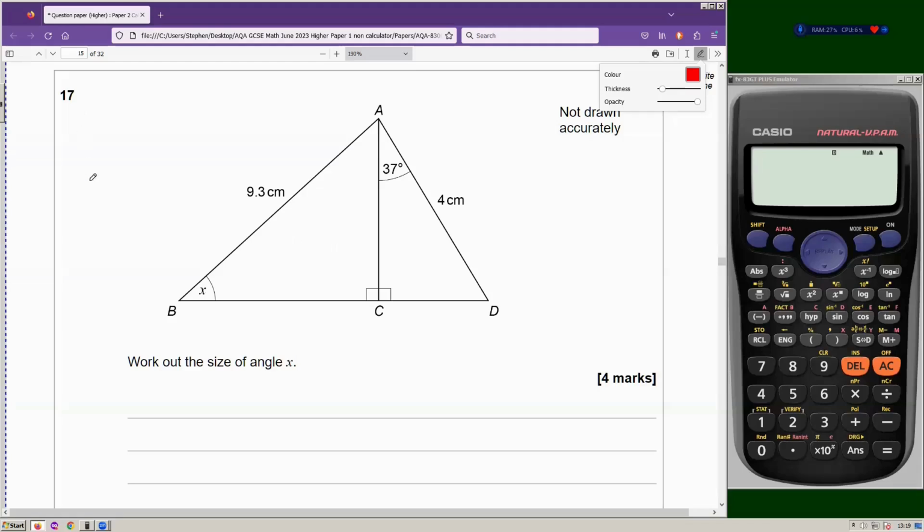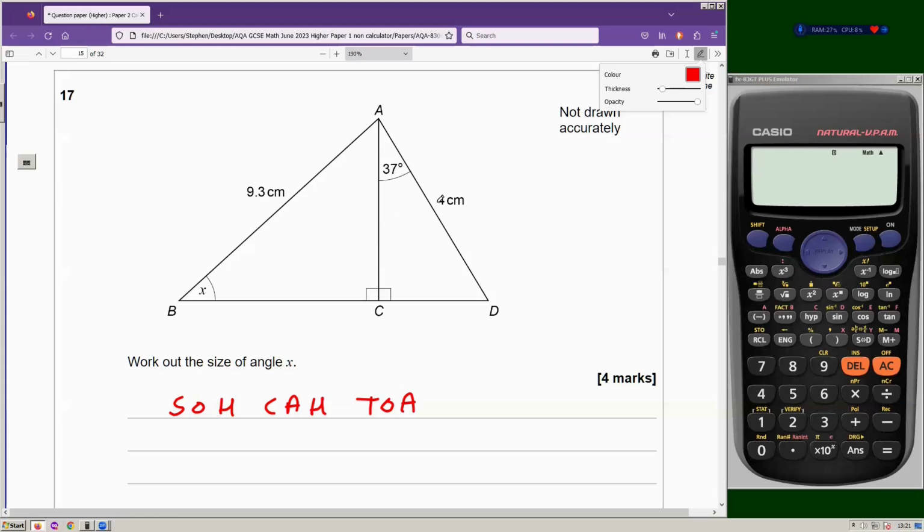Question 17. Work out the size of angle x. Okay, this is a SOHCAHTOA problem, so I'm going to write that down first. SOH. Because we've got to find x, we need to find either that length there or this length here. This is going to be the one we're going to find here.